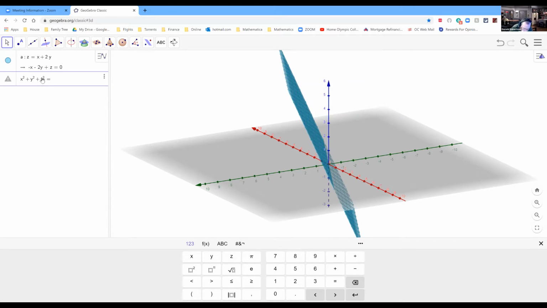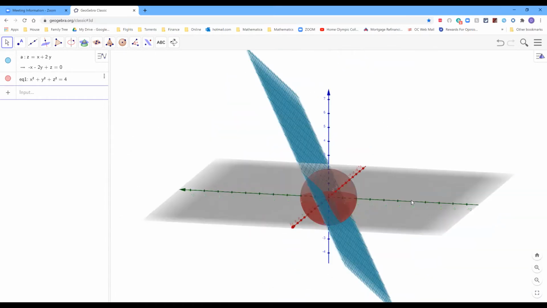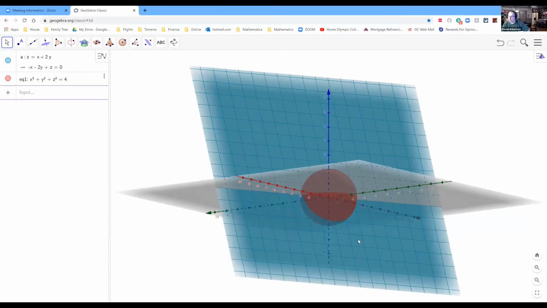Let's make it equal 4. And there you have a really cool emblem for a sci-fi movie. Yeah. Agreed. Kind of cool.